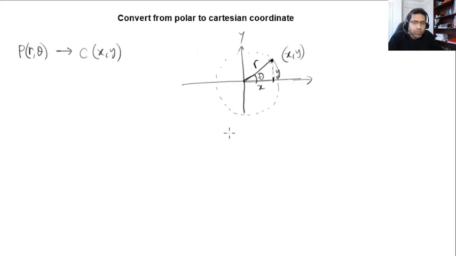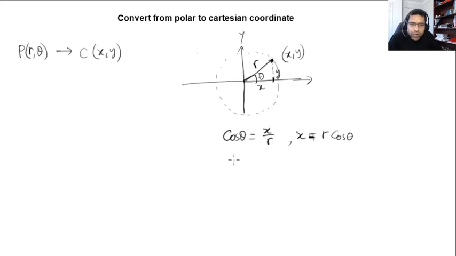If we use cos theta, we know that cos theta equals adjacent over hypotenuse, so x over r, and from here x equals r cos theta.